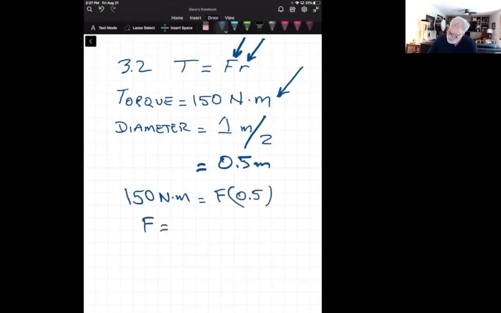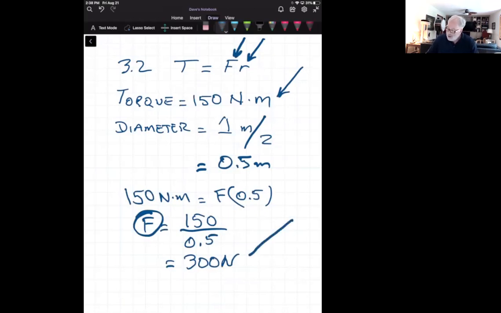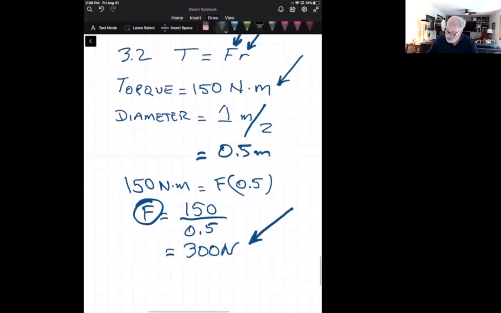Solving for F, I'm going to get 150, dropping the units to go faster, divided by 0.5, which gives me 300 newtons, our measure of force. So if I apply a braking force of 300 newtons, that would keep it from rotating. It's just saying the same thing from a different perspective.